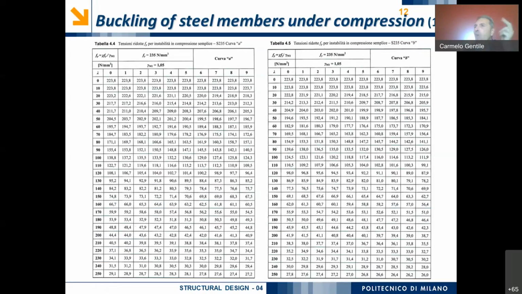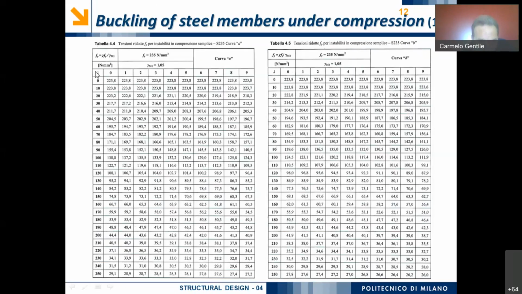As I said before, since I know the length at the constraint condition of my column, I can obtain from this the value of L0, the effective length. I know the cross section, and so I can also obtain the value of the radius of inertia. Let us assume that the ratio between L0 and i is equal to 85.